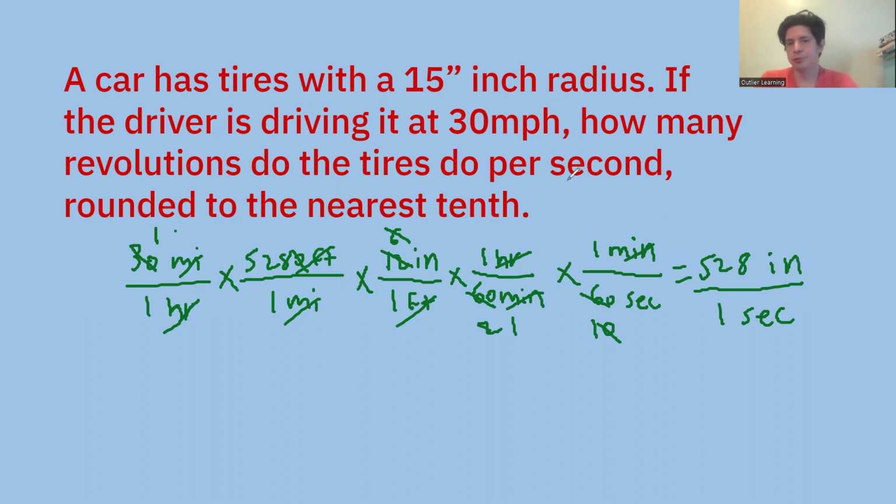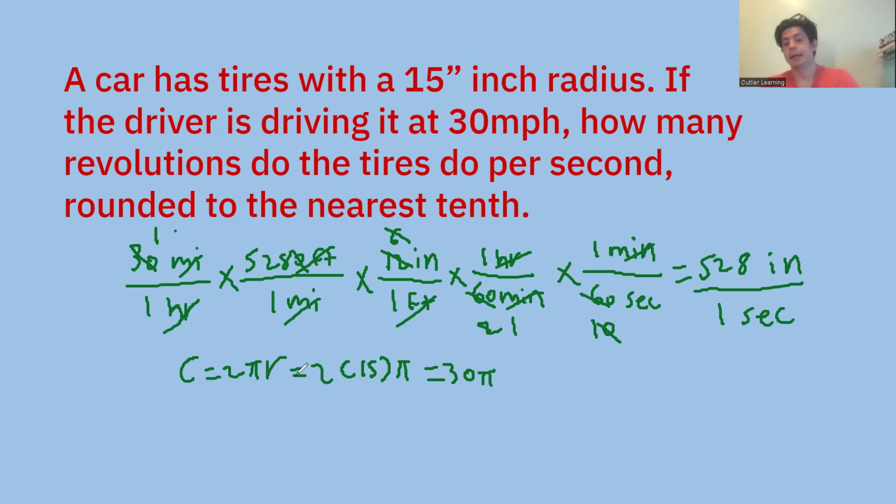So let's see how many revolutions it takes to get to 528 inches. So we'll use circumference. Circumference equals 2 pi r equals 2 times 15 times pi. And that gets us 30 pi.